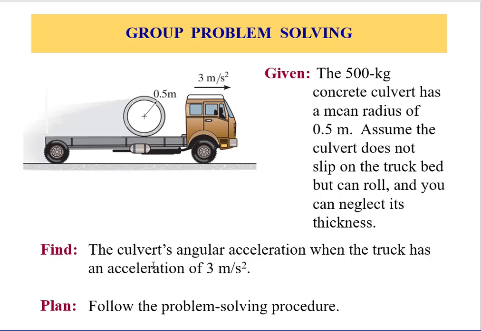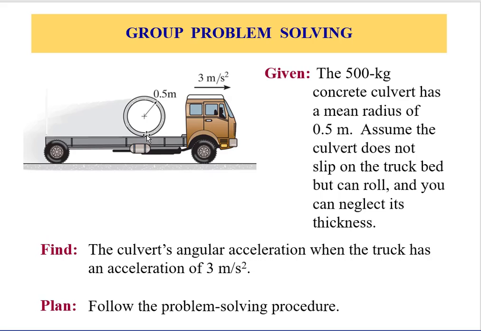Now, what we want to find is the culvert's angular acceleration when the truck has an acceleration of 3 meters per second squared. So this truck is moving to the right. This is not slipping, it's just rolling.